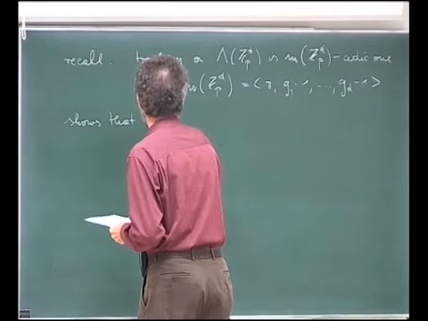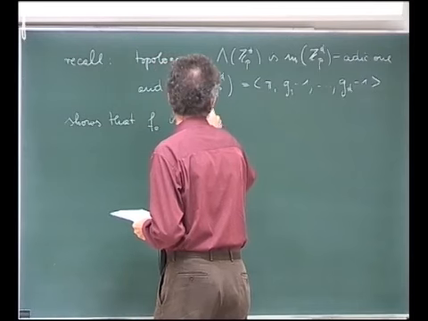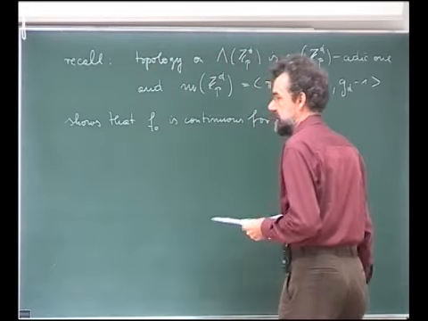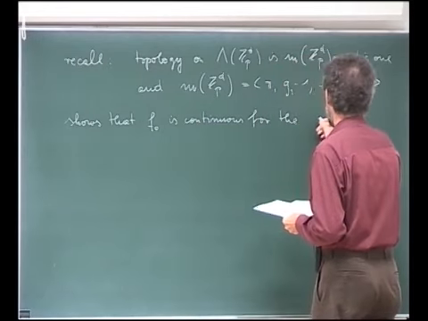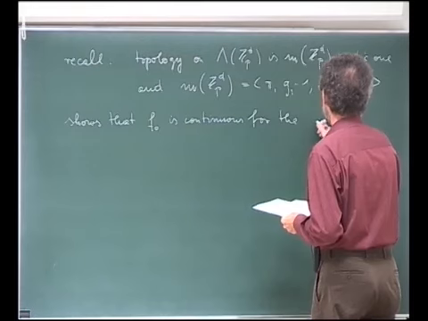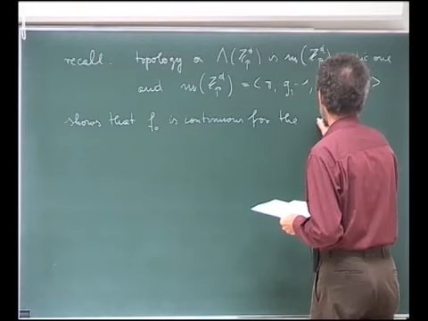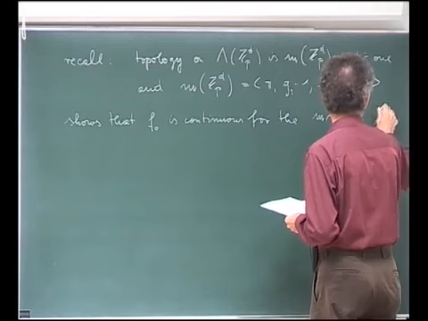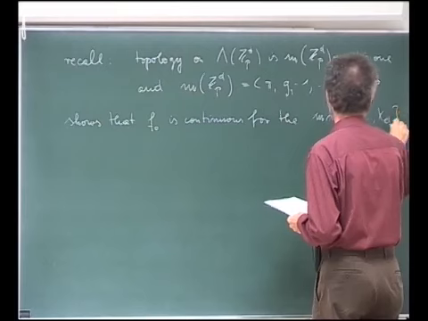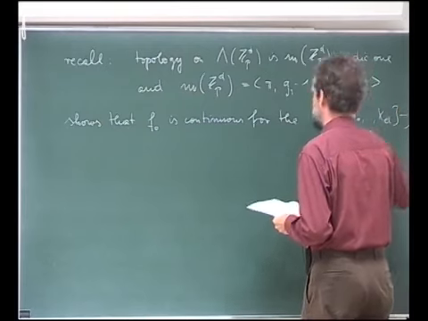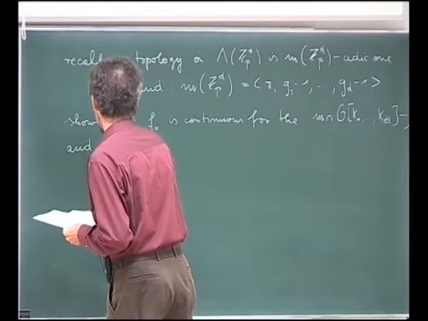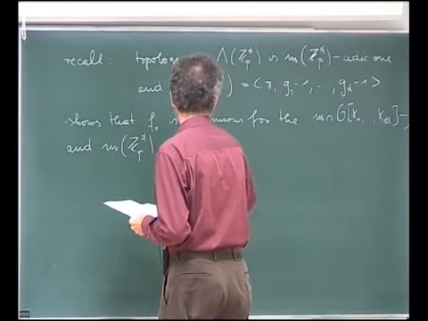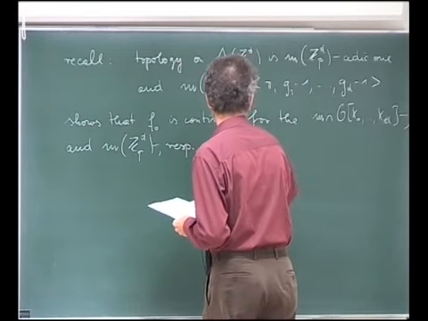And this shows that F0 is continuous for, let me just say, in one case I should take M intersected with the polynomial ring.